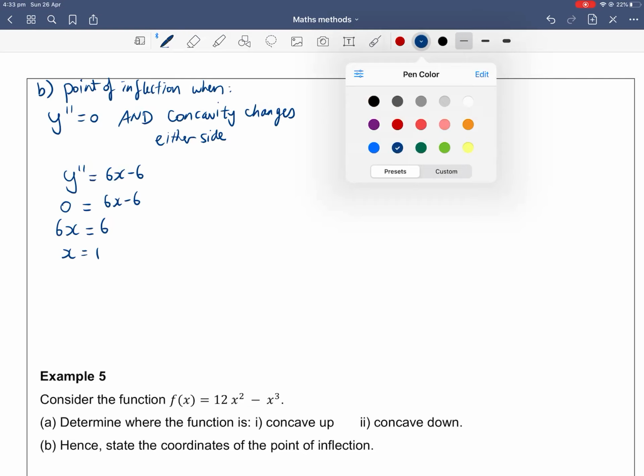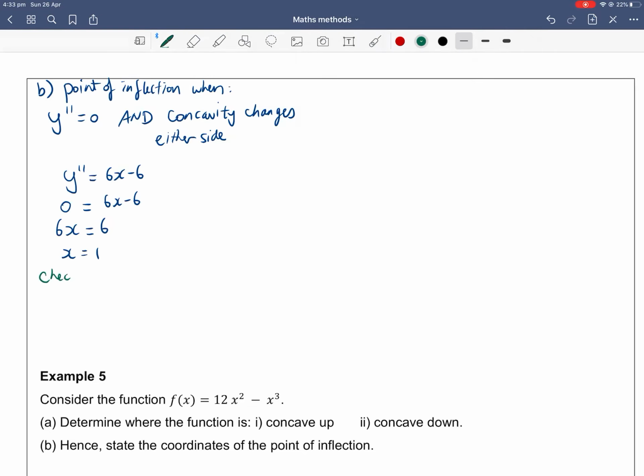So let's check concavity on either side. So drawing up a little table. So we're looking at the left and right values of x equals 1. A little bit left, a little bit right.